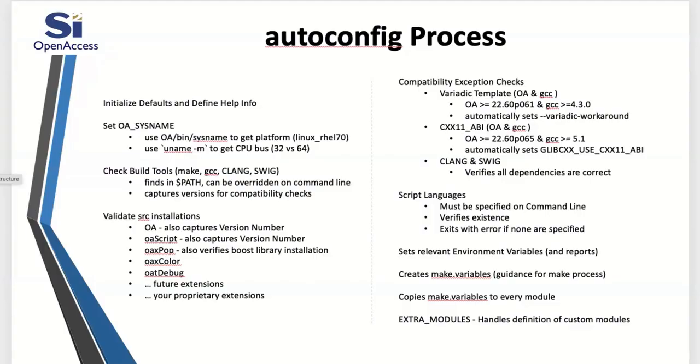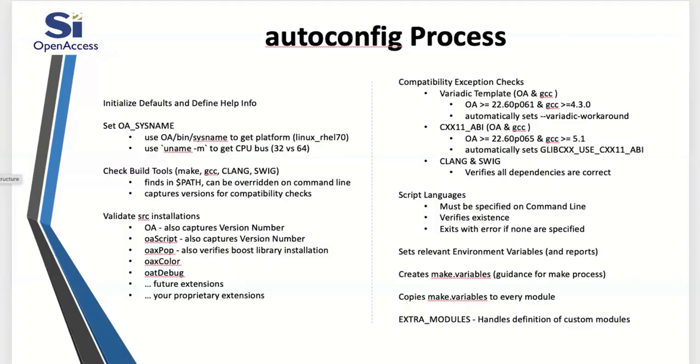And it will verify the existence of the script languages you specify, and if there were typos or whatever, it will show that it searched for it and couldn't find it, and ultimately it'll include only the ones that existed. So if you see that something was not included that you intended to include, then you would go back and make your correction. And then it sets some environment variables and reports what the set of environment variables are that were set, and then recommends that you add those to your startup shell script.